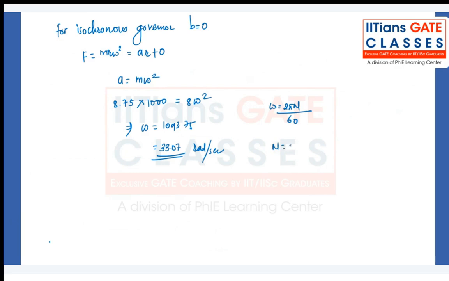Sorry, N is equal to omega into 60 divided by 2 pi, which is 33.07 into 60 divided by 2 pi, which will be 315.8. So it's close to 316. Okay, 316 is the final answer.